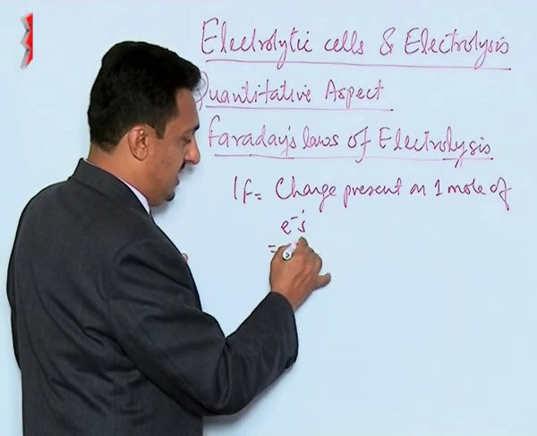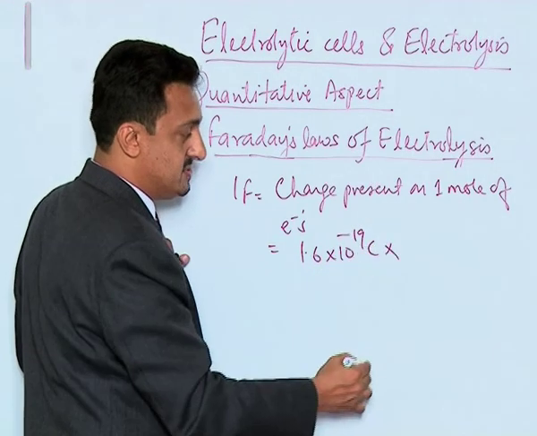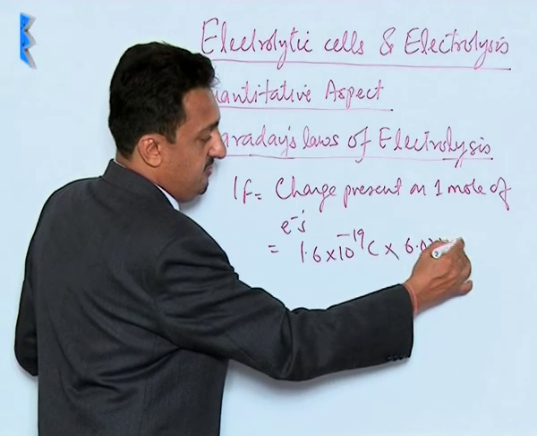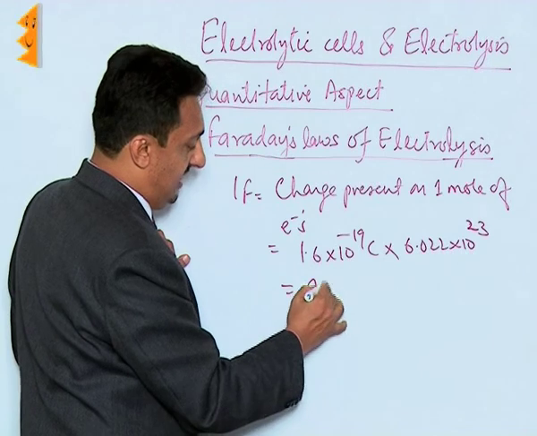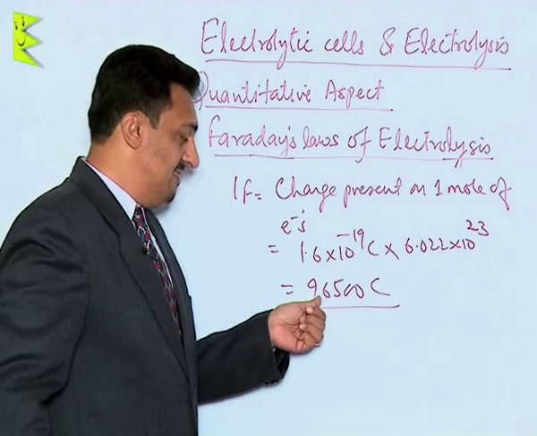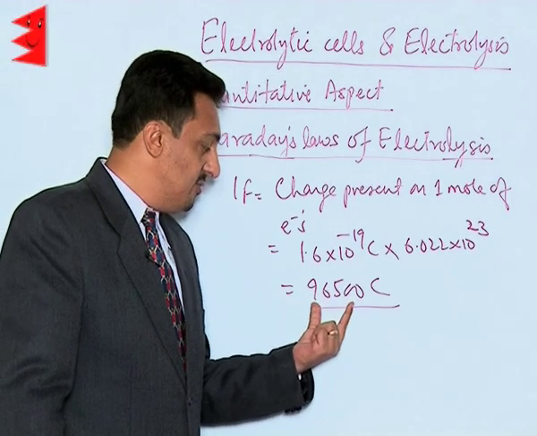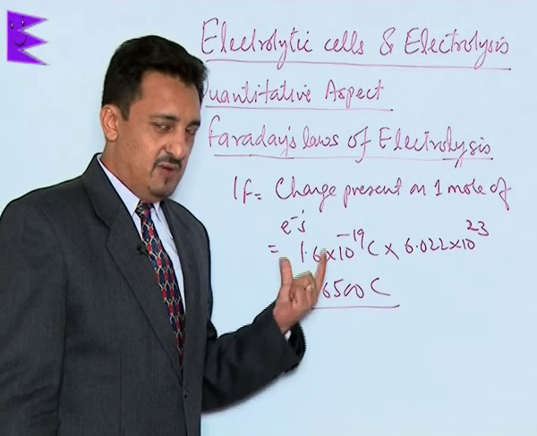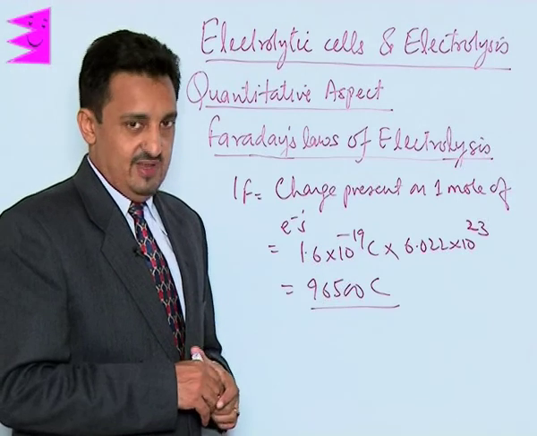The charge on 1 electron we know is 1.6 into 10 to the power minus 19 coulombs, and the number of particles in 1 mole is 6.02 into 10 to the power 23. When we multiply this, we get 96480 something, which is actually rounded off to 96500 coulombs. So the charge present on 1 mole of electrons is 96500 coulombs, which is called 1 Faraday.